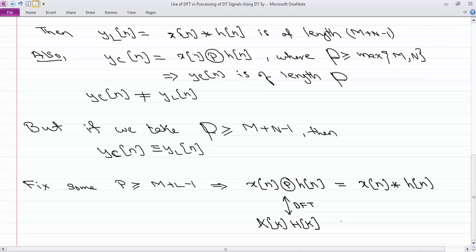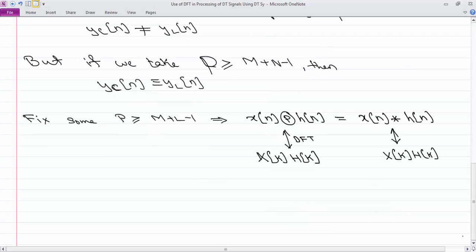Okay, and if they are equal, then both of their DFTs should be the same. So this will be X[k] H[k] also. So that provides us the basic guidelines for how to use DFT to compute linear convolution in a fast fashion.